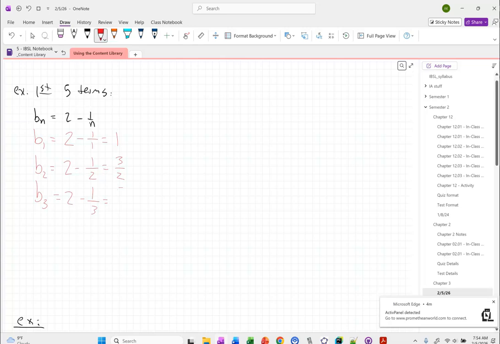There's no trick here. Everybody feel okay about how to use a sequence to find some terms? Basically just the same way as a function, right? Just change the notation a little bit, but no big deal.